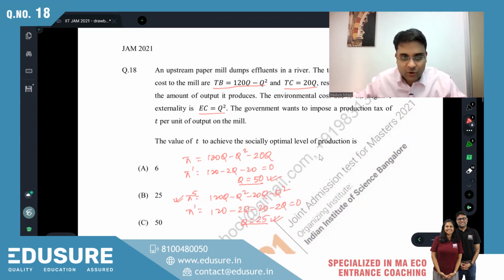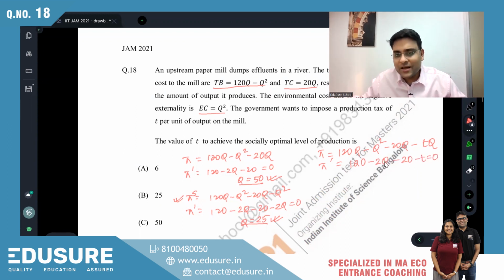Now, how will I induce the person? I'll write a new profit equation, 120Q minus Q square minus 20Q minus the T amount of tax. So pi dash is equal to 120 minus 2Q minus 20 minus T is equal to 0.